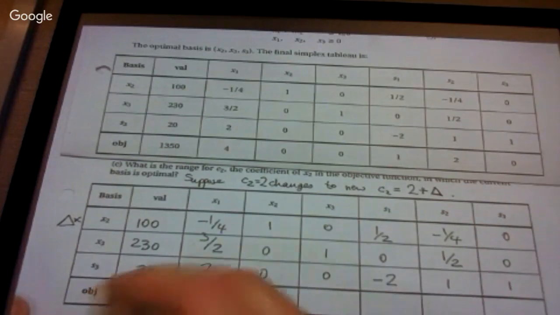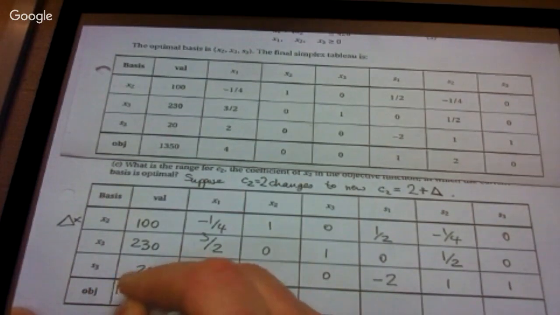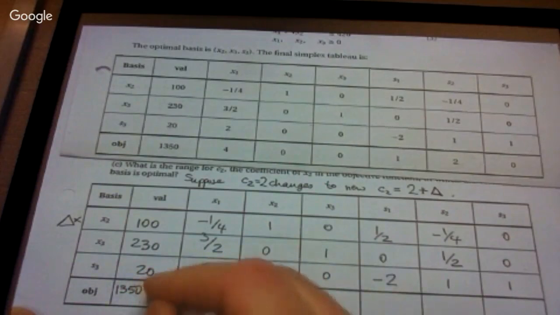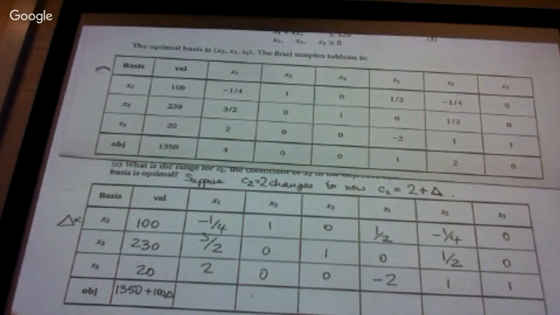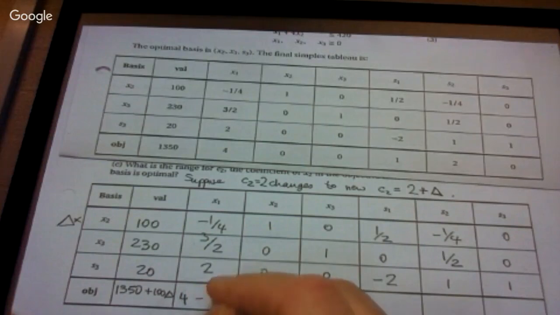What do I want to add it to? Okay, so if I'm adding delta times that row, what I'm going to get in the objective here is this plus 100 times delta. Now here we have 4 minus delta over 4.